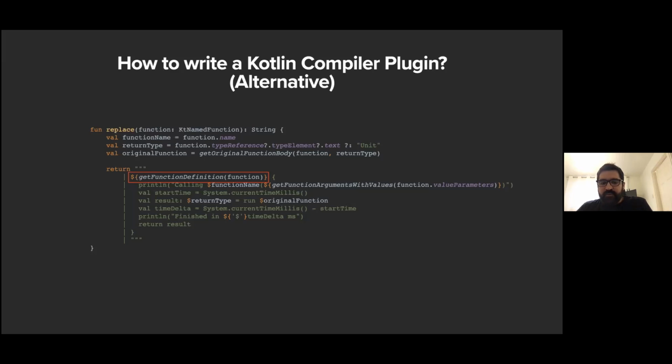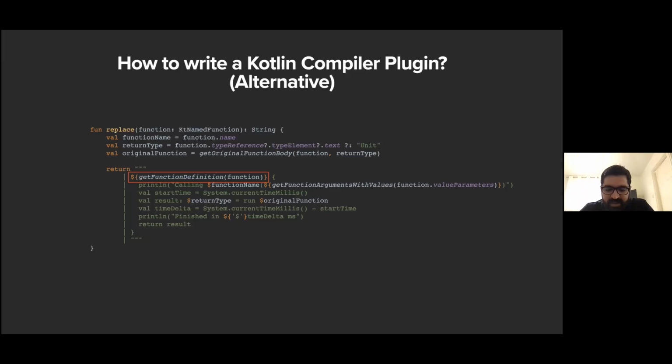That's why we have to define the definition of the function, and this method here, get function definition, basically gives the whole definition of the original function. So from this method, we will get something like fun, the name of the function, some arguments, the return type, etc. And that will be it.